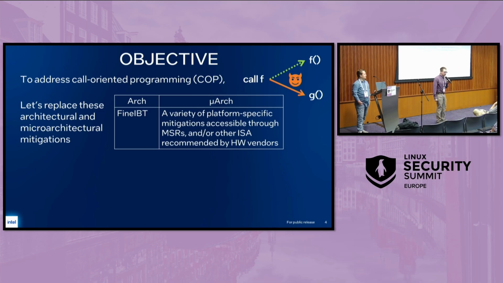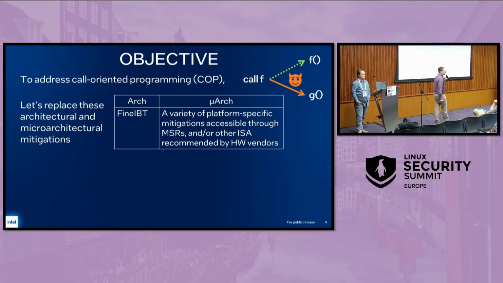The other side that has come into focus since the beginning of 2018 is the microarchitectural side. I'm talking about the Spectre family of vulnerabilities, and in particular in this talk we're going to focus on the Spectre family of vulnerabilities that target indirect branch misprediction.